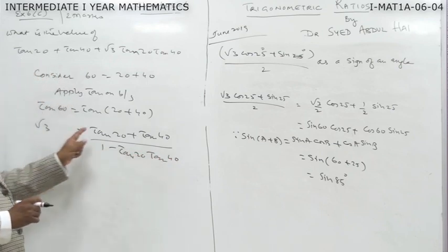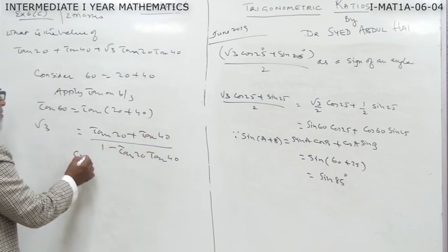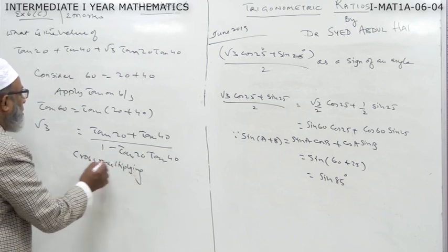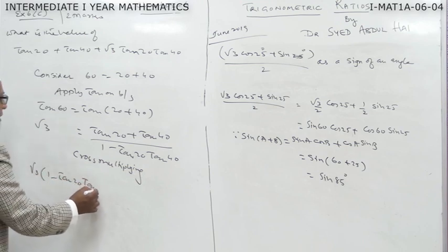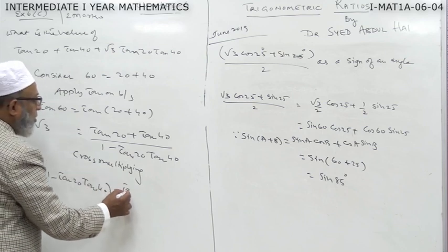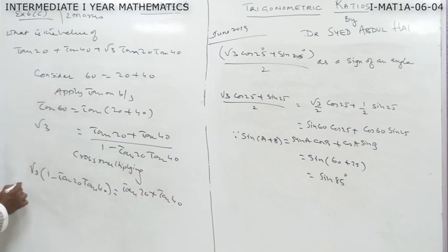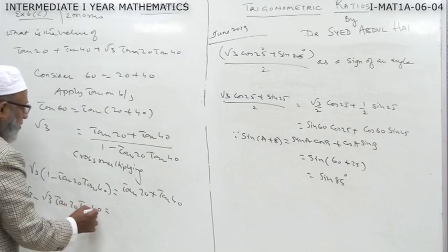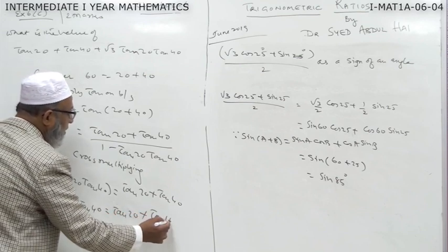Is it clear? It is the form of tan of A plus B, tan A plus tan B by 1 minus tan A tan B. Cross multiply. So, root 3 into 1 minus tan 20 into tan 40 is equal to tan 20 plus tan 40. On multiplying, this is root 3 minus root 3 into tan 20 tan 40 is equal to tan 20 plus tan 40.